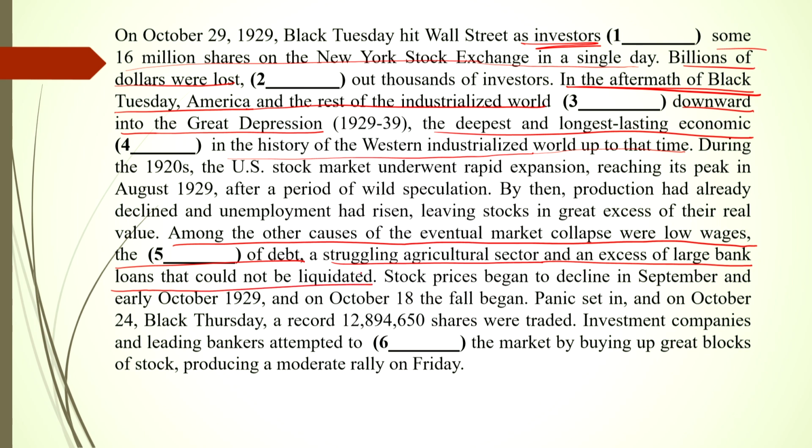So, this line conveys that out of the many, one of the reasons for the collapse was low wages, rapid increase in the amount of debt, and the unliquidated large bank loans. Hence, the blank must contain a word that means rapid increase in number.